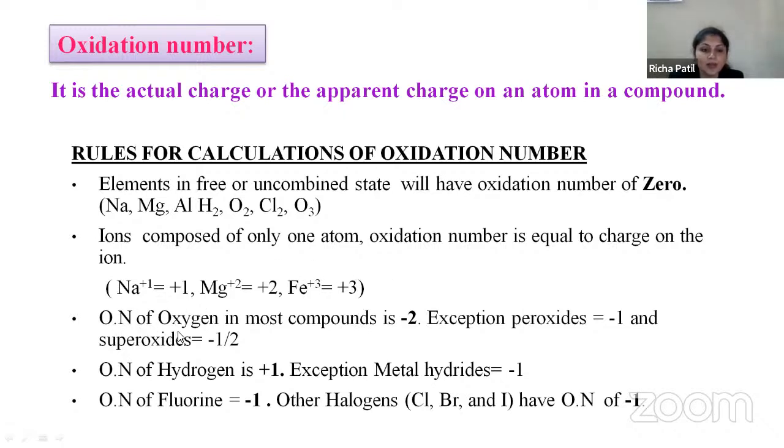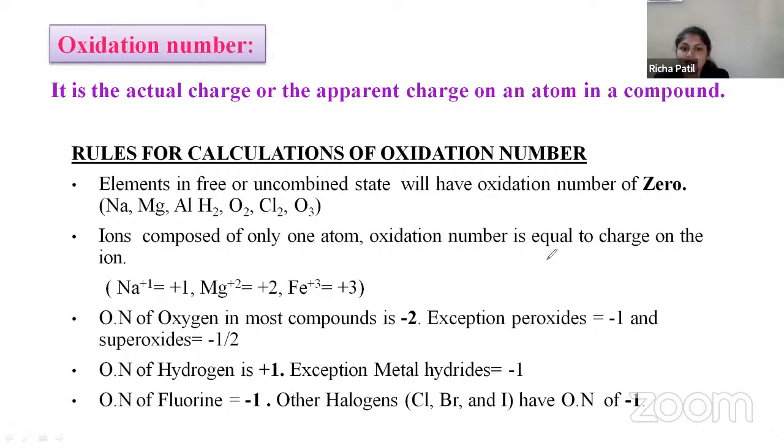Then the oxidation number of oxygen in most compounds is -2. In most compounds, the oxidation number of oxygen most commonly occurs as -2. The only exceptions are peroxides and superoxides. What are peroxides?